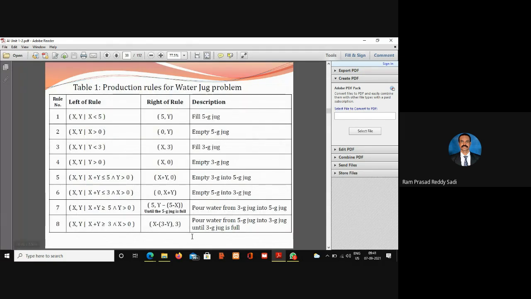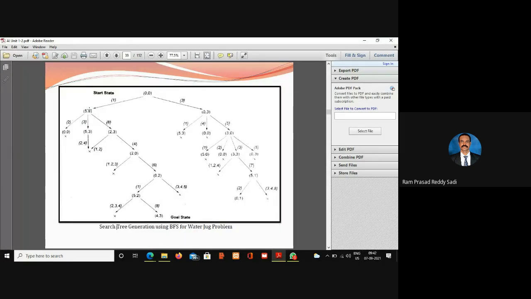You are pouring water from the 5-gallon jug to the 3-gallon jug. So if you have 50 and pour the water from the 5-gallon jug to the 3-gallon jug, you will be left with 2 gallons of water in the first jug and 3 gallons of water in the next jug. Is that clear?